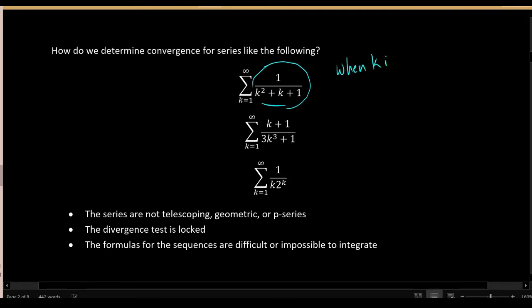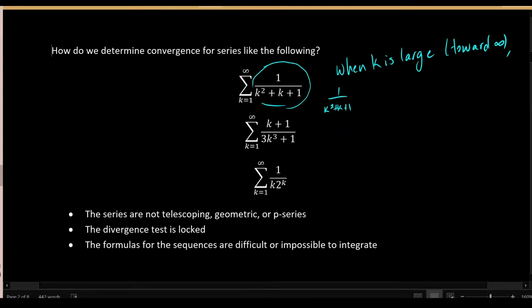When k is large, and we are considering the terms that are off toward positive infinity, the behavior of this rational expression is completely controlled and dominated by the terms with the highest power. In our case, 1 over k squared. And the sum of 1 over k squared is something that we know about, because that is a p-series.